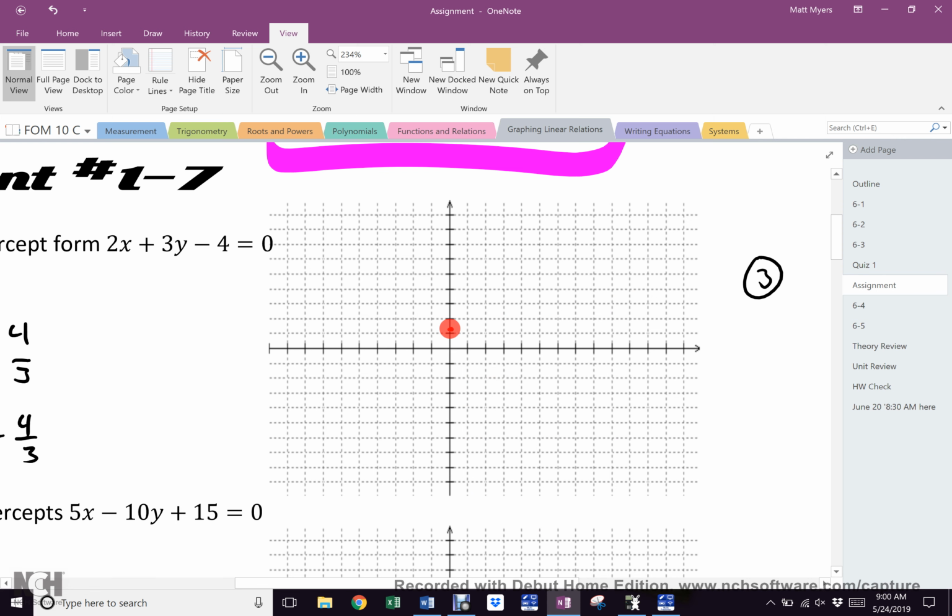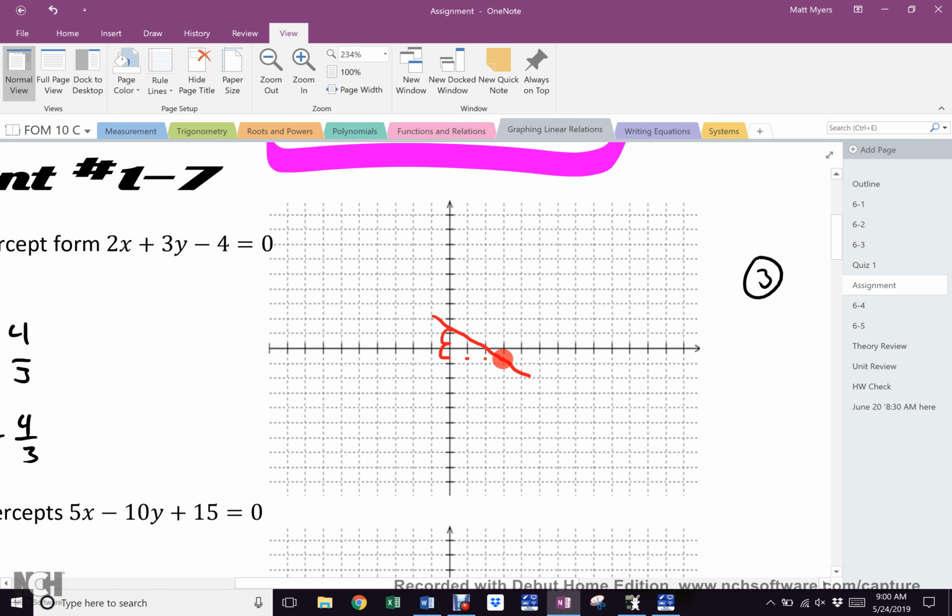Then I still need a slope of negative 2/3. So that's down to 1/3, then down to negative 1/3. Negative 2/3, I mean, right? Because I got to go down 2 whole squares, then out 1, 2, 3. And that would be my line.